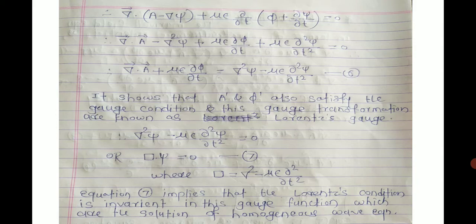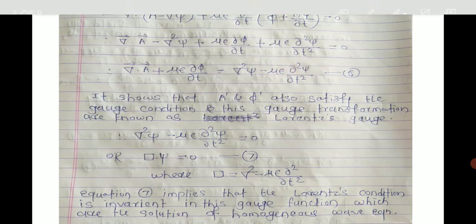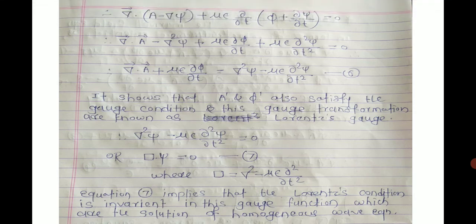In the next step, the terms minus del square psi and plus mu epsilon dabba square psi by dabba t square are transferred to the RHS, so the minus becomes plus and the plus becomes minus.